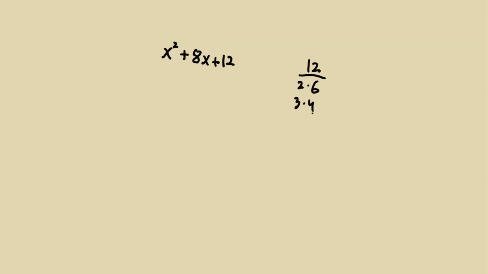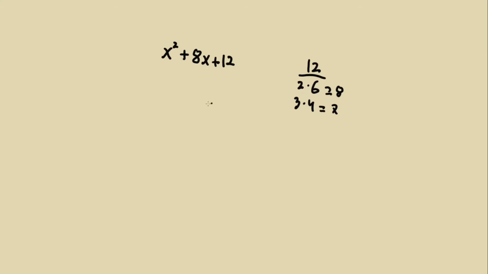Now that we've listed out these factors, let's try to add them together and see if they add up to 8. And then we'll find out what m and n are, right? So 3 plus 4 equals 7. That's not 8. But 2 plus 6 is equal to 8. So what we've discovered here is that m and n are 2 and 6.